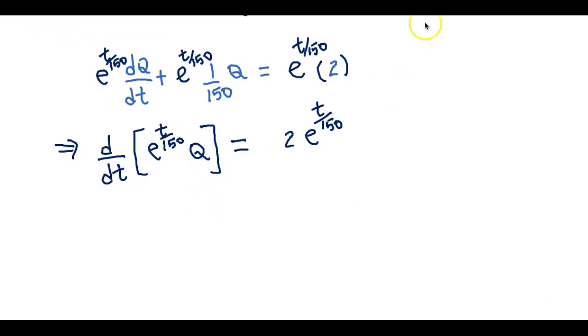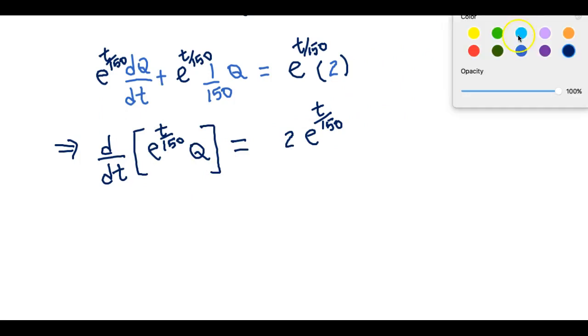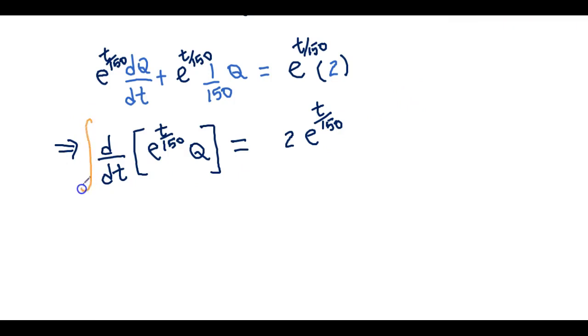which implies that we can write the derivative of a product, the product rule, if you will, on the left hand side, and now we integrate with respect to t in both sides of this equation.